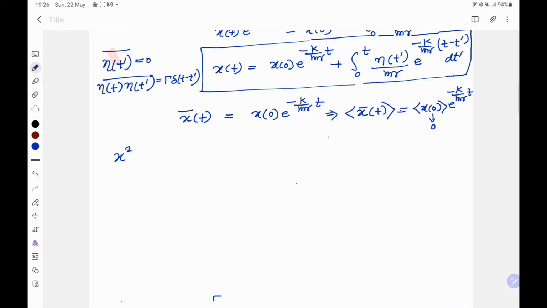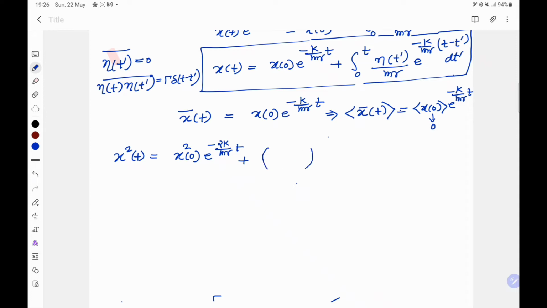So x square t will be x0 square e to the power minus 2 kappa over m gamma t plus the linear term, which when we average over all realizations will vanish.